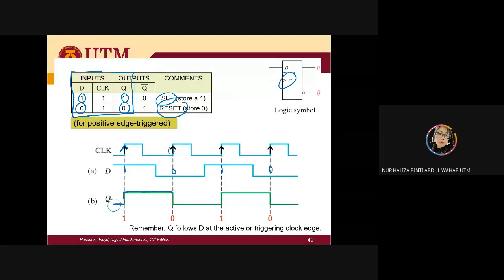You're going to follow the D, going to be 0 until you meet another. You're not going to change in between, okay? You just change your output at this positive clock. And then another one is 0 here.